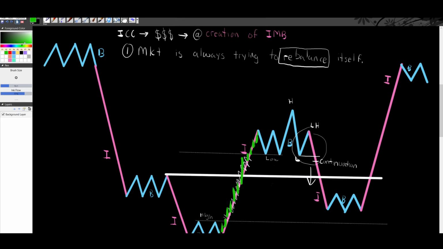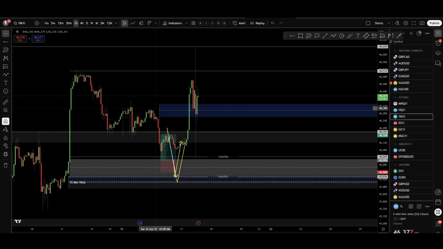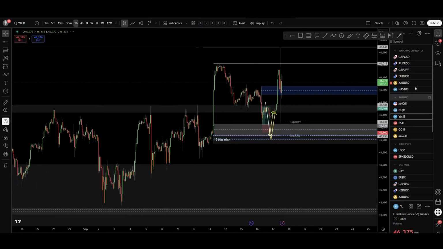I don't know how to explain it. We're gonna go to a chart. Actually, let's just go to a chart right now. Here's an example. TradingView. So I don't know, gold maybe. Let me find one.